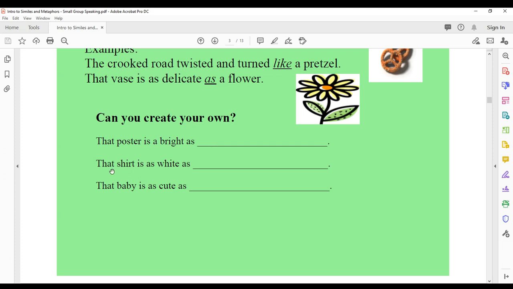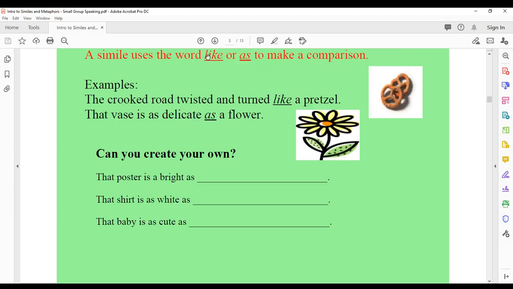Or I might say that shirt is as white as snow. Again, when I use like or as to compare two things, I'm using a simile. And one other example: that baby is as cute as a teddy bear. A teddy bear is the small stuffed toy that babies play with.